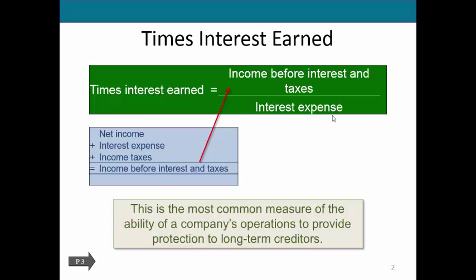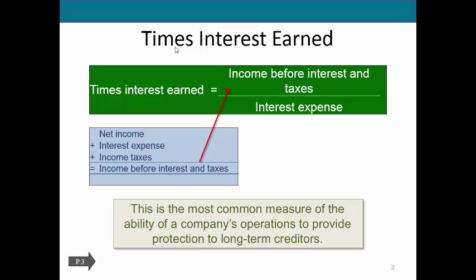However, income before interest and taxes. This is also going to come from our income statement, but let's talk about how you get to this. Net income is going to be the ending income. Remember, that's your revenues minus all of your expenses. But what we're trying to look at with this times interest earned is, as our interest payments are coming due, are we making the income required to pay them?